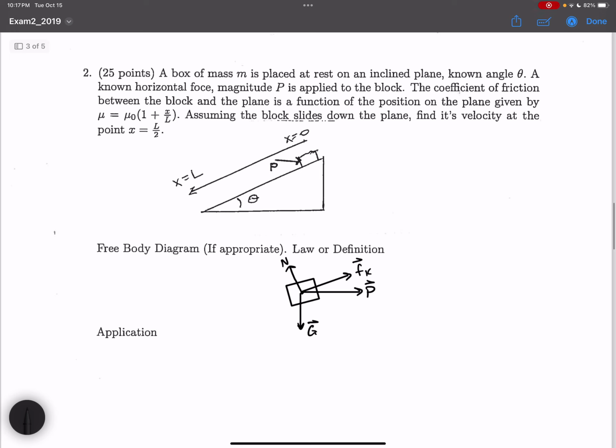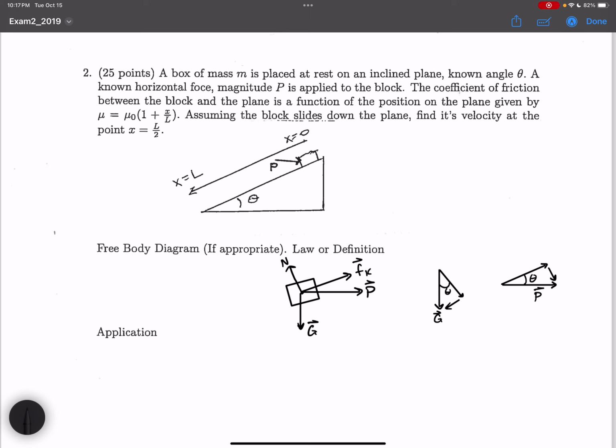So I'm going to go ahead and decompose this gravity force. So we've got gravity here at an angle theta. And then we have the force P going over here, and that's going to be pointing up and down, also at an angle theta. So we've got P here, and we've got gravity here.